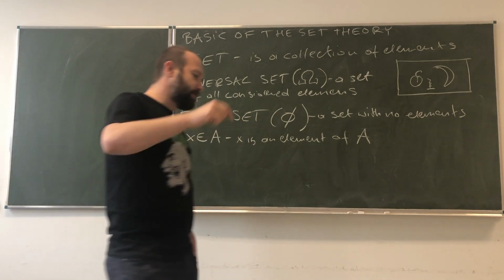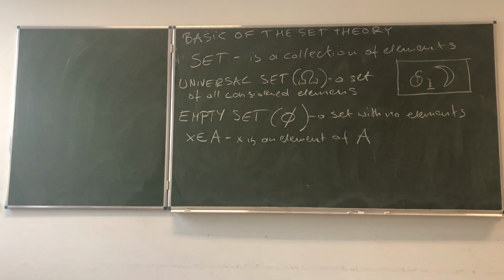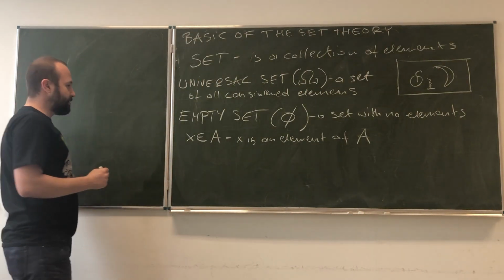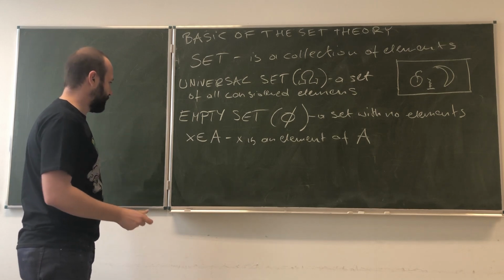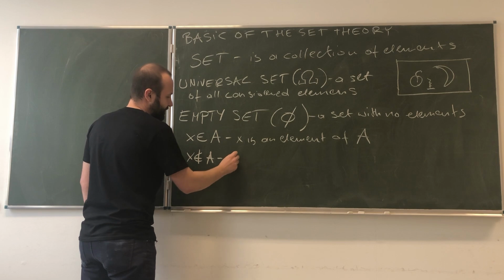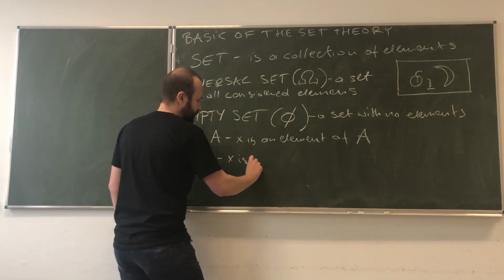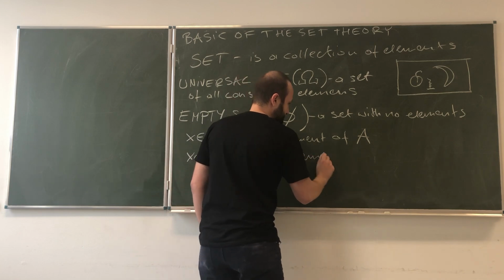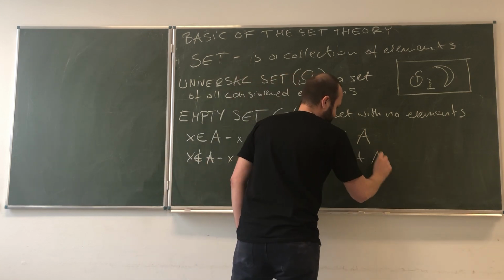Generally we prefer to denote sets by capital letters, and the elements we denote with lowercase letters. And of course, by the same token, we can say that this means x is not an element of A.